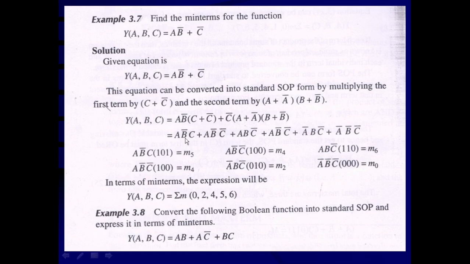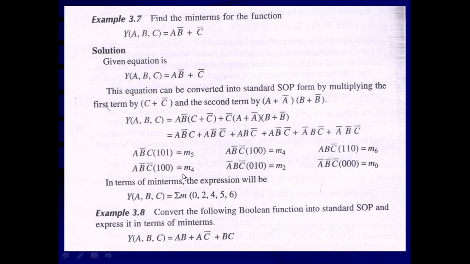The third one here, A, B, C bar. A stands for 1, B for 1, and for C bar it is going to be 0. So 1, 1, 0, 4 plus 2, 6. So this ABC bar is nothing but the min term M6. Similarly, A, B bar, C bar corresponds to 1, 0, 0.